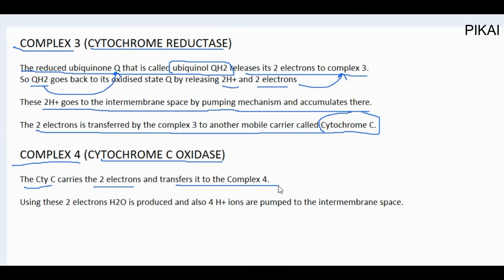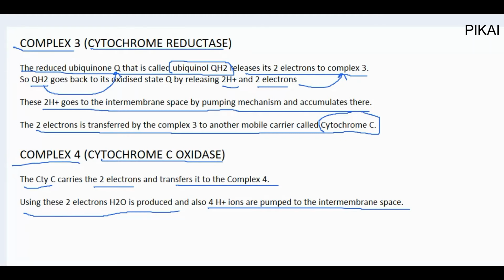Using these two electrons, H2O is produced, and during this process 4 hydrogen ions are pumped to the intermembrane space.